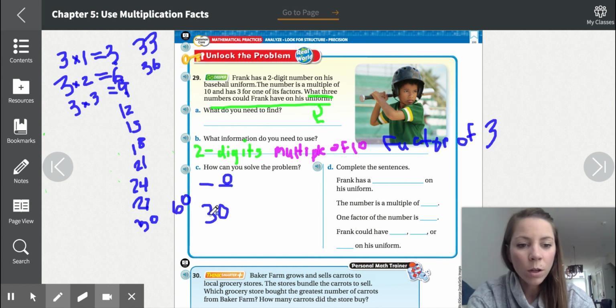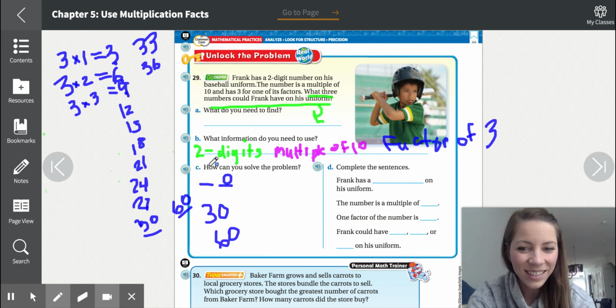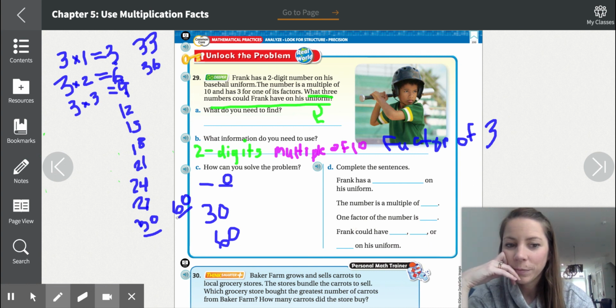What do you multiply by 3 to get 60? 3 times 20 is 60. So that's another one that works. And it looks like then I'll just follow a pattern to get one more number that ends in 0. From 30 to 60, I just did what? I added 30, right? From 0 to 30, I added 30. From 30 to 60, I added 30.